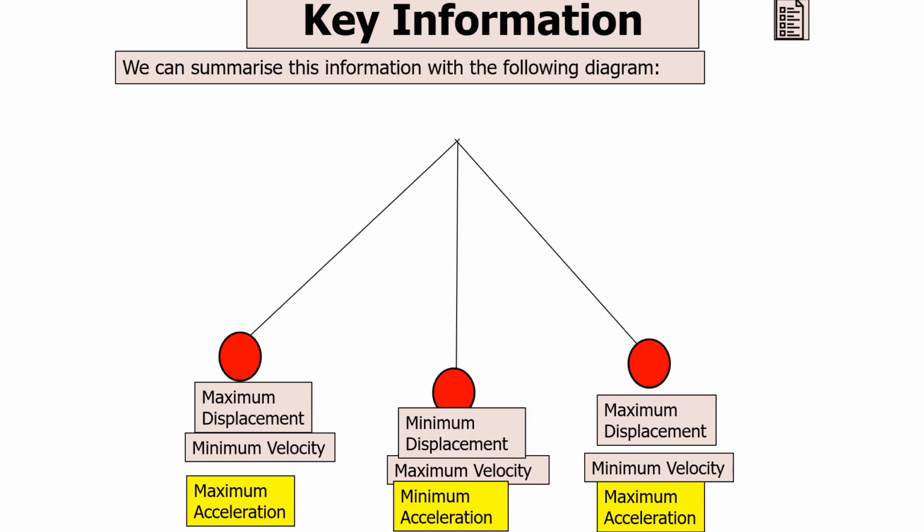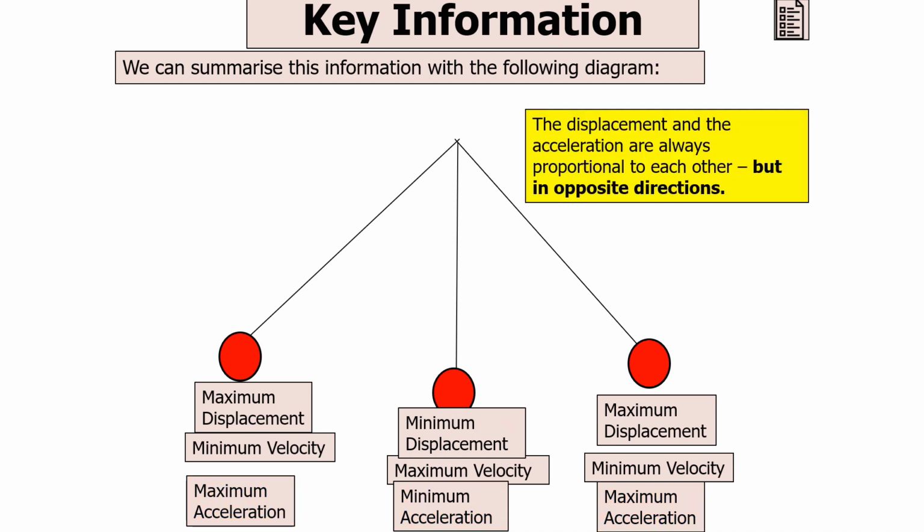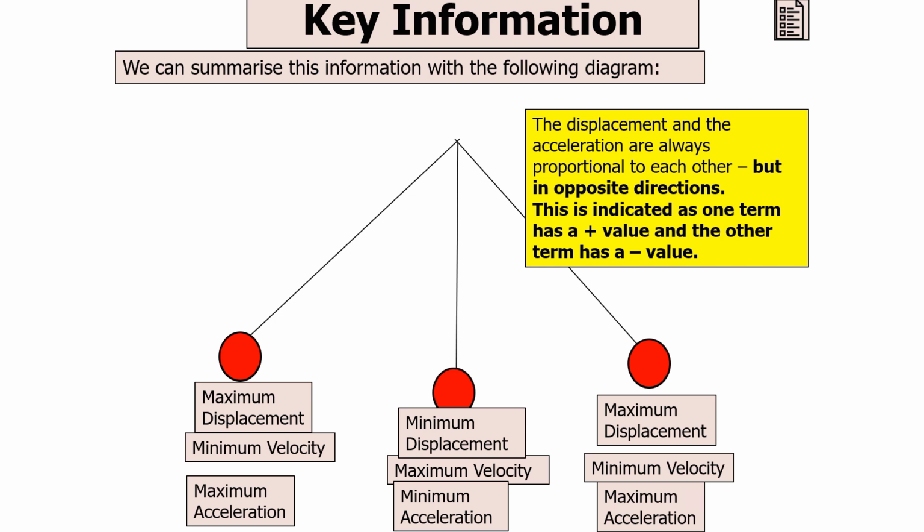So we can summarize that when we have a maximum displacement, we have a maximum acceleration. When we have a minimum displacement, we have a minimum acceleration. The displacement and acceleration are always proportional to each other, but in opposite directions. This is indicated as one term has a positive value and the other term will have a negative value.